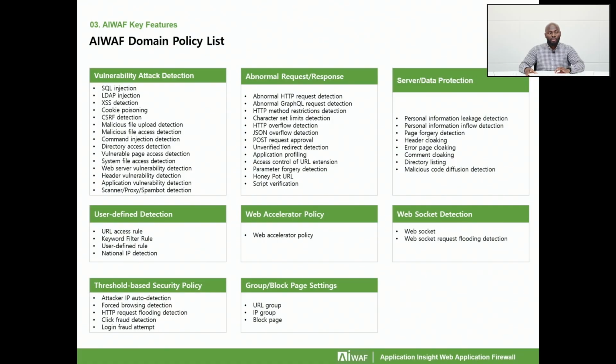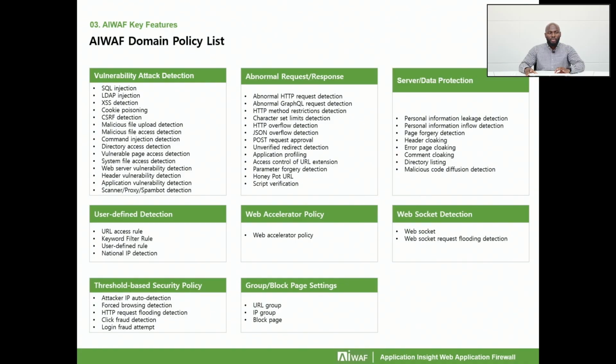We have threshold-based security policies, and these come in handy when you are looking to block bot attacks and DDoS. You also have group block page settings, where you can create groups from different IPs or multiple URLs and customize your block page to communicate with those trying to go against the policies you've created on the WAF.